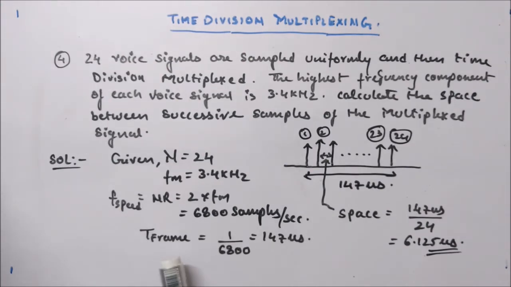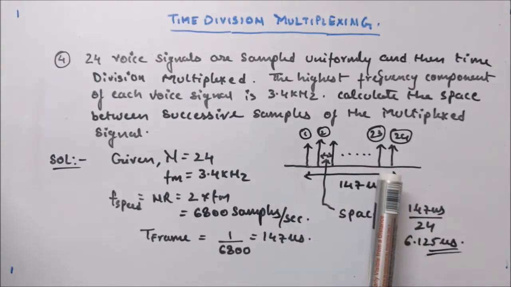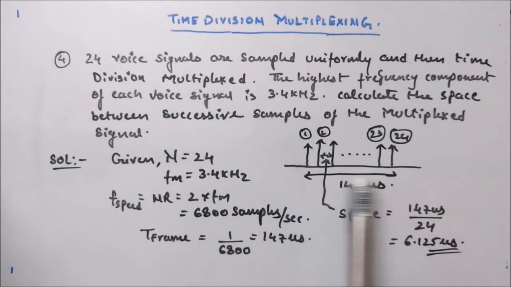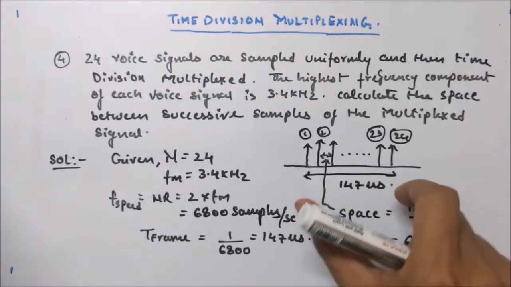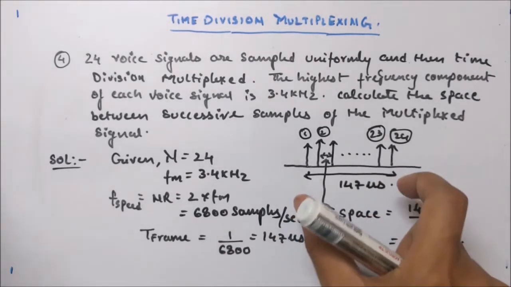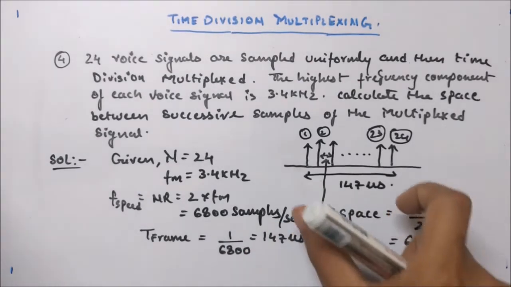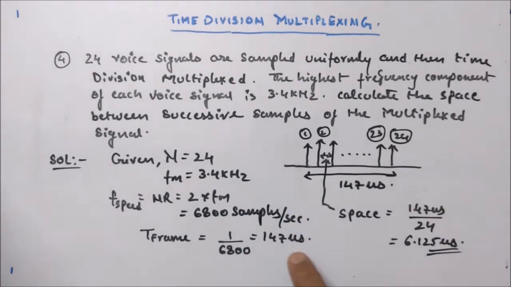So your frame time can be calculated as 1 by f speed, that is 1 by 6800, that comes out to be 147 microseconds. Now here I have represented pictorially the whole frame is 147 microsecond time.